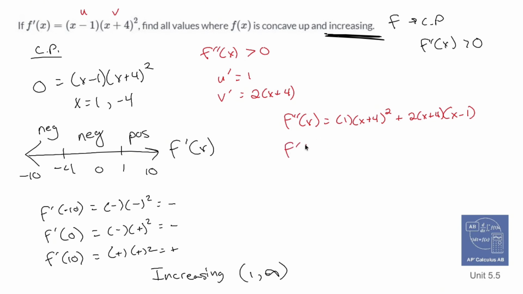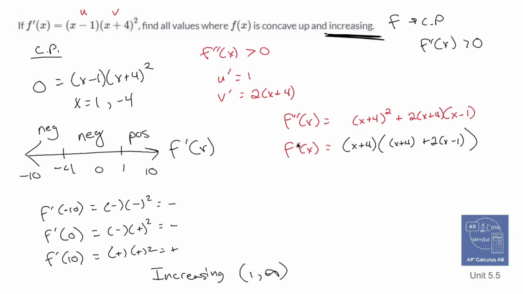I'm probably going to have to do some foiling, unless I want to do this instead. Watch what I do. This is me thinking outside the box. That 1 is not necessary. I have an x plus 4 in common with both, so let's pull it out: x plus 4. That leaves me with an x plus 4 here, and a 2 times (x minus 1).